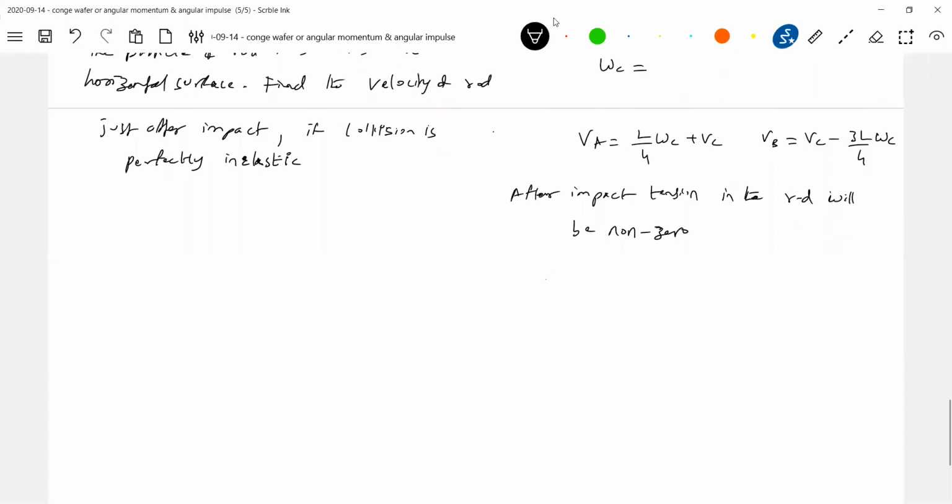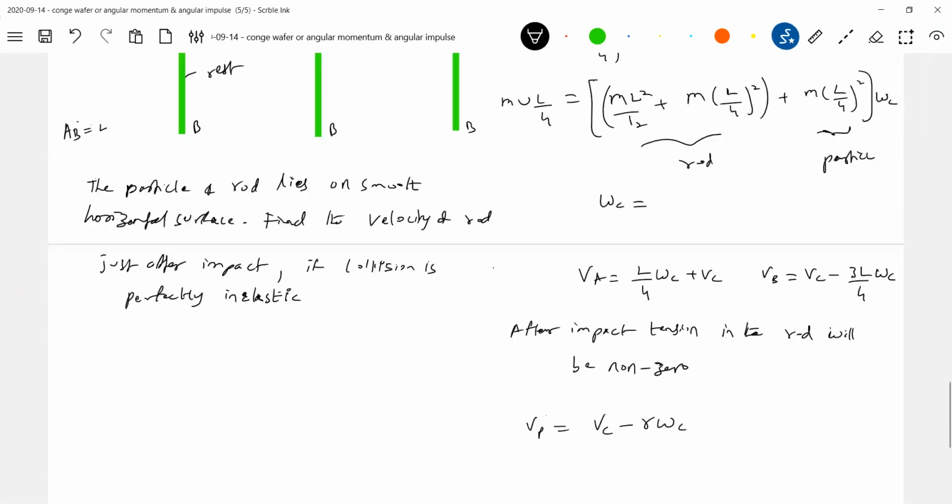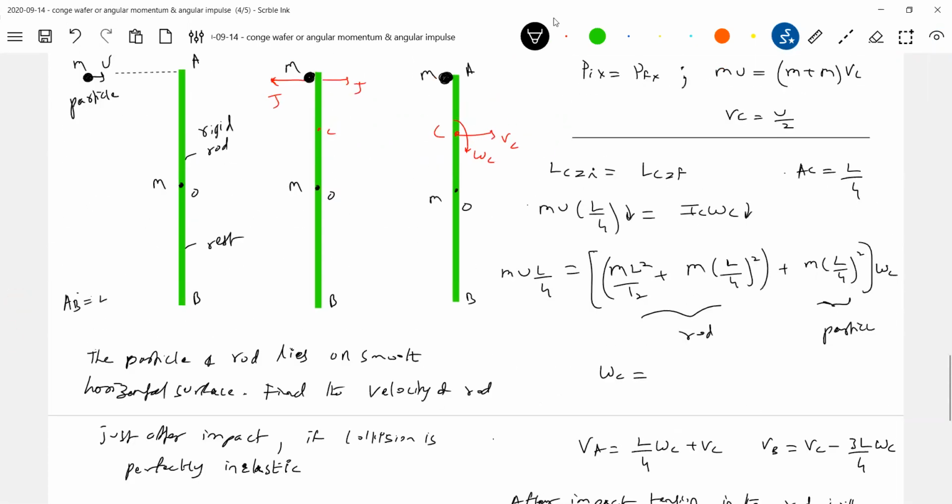Vp is equal to Vc minus R omega C. What is the value of omega C? Just solve this, give omega C. We'll wind up that idea also. Three U by 5L.